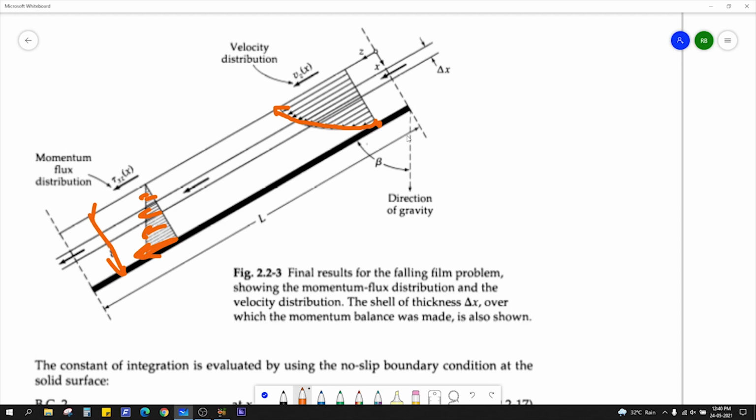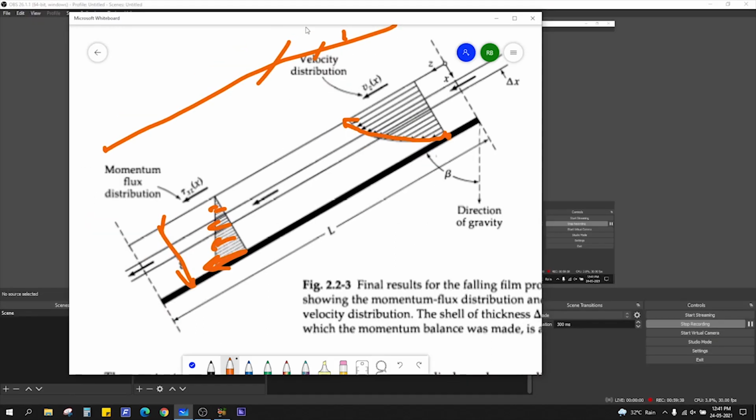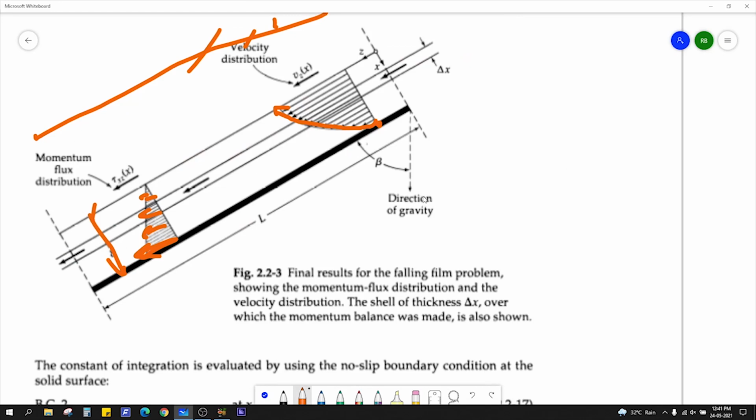Okay, now just think, if I put another wall here, what will happen? So again it will assume some parabola. If the fluid is flowing between two walls, it will get a parabolic line like this.